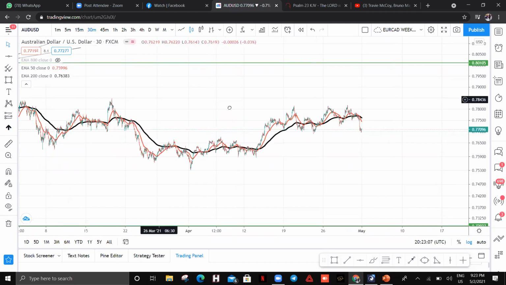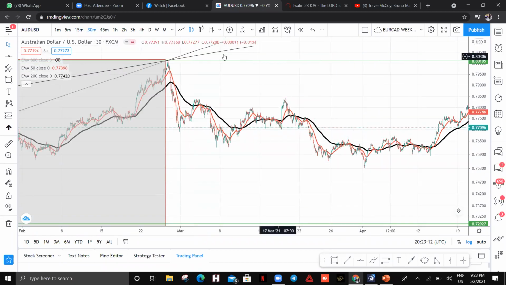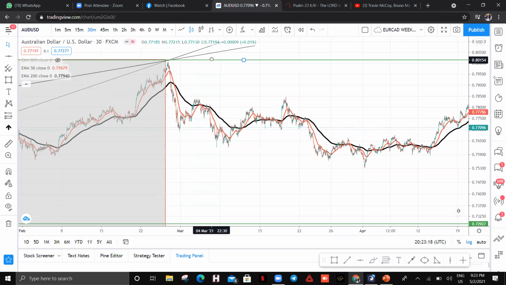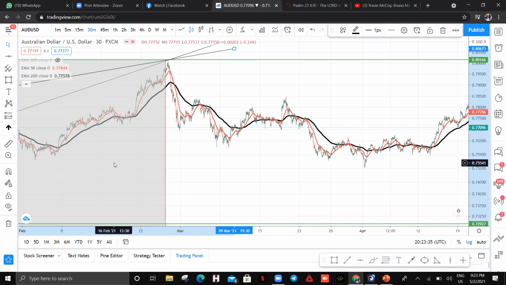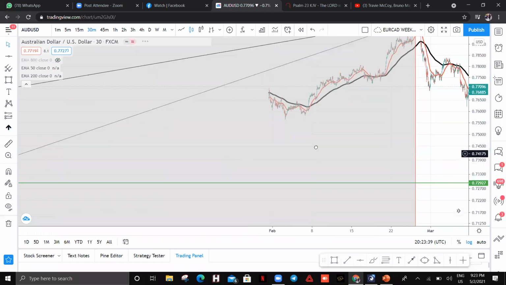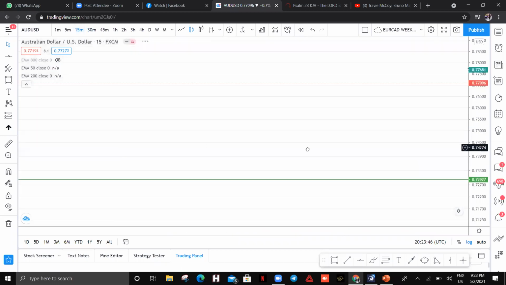I will need to show you something here, how you enter and exit the market using this strategy. I need price to be on a pivot level so I can show you the entry and exit. Let me use the 15 minutes.